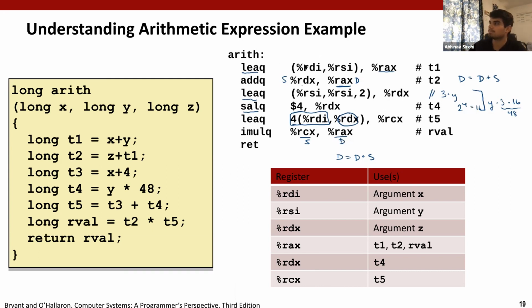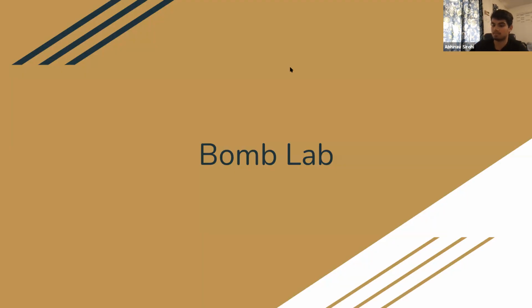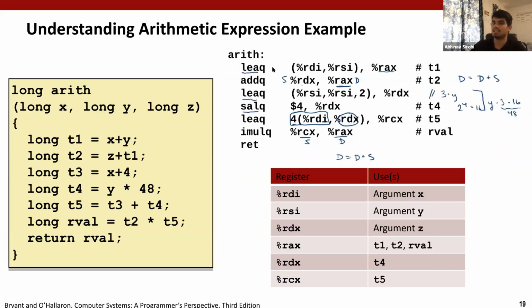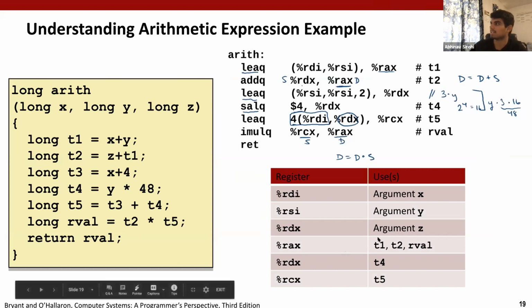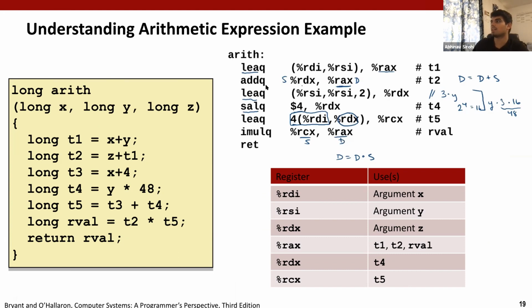First we want to take our X and add it to Y. X is RDI, Y is RSI. When we give them to the lea instruction, it adds these two together and puts that value in RAX, which corresponds to T1 initially. Then we have the add operation, which takes a source and adds that source value to the destination.